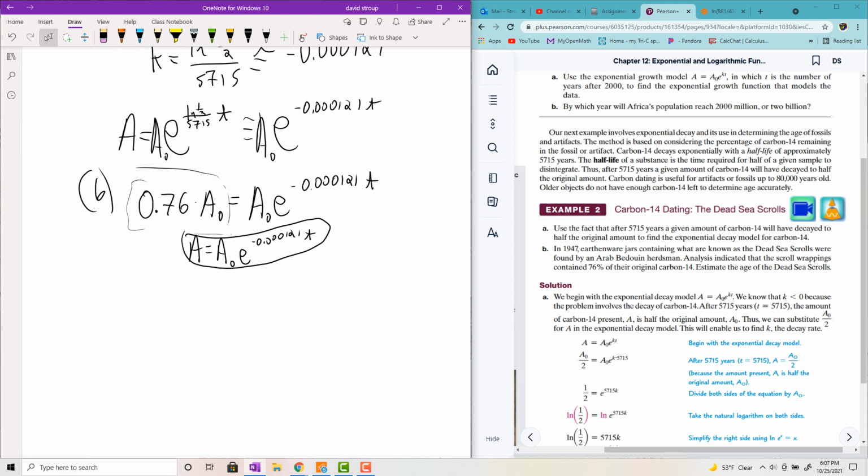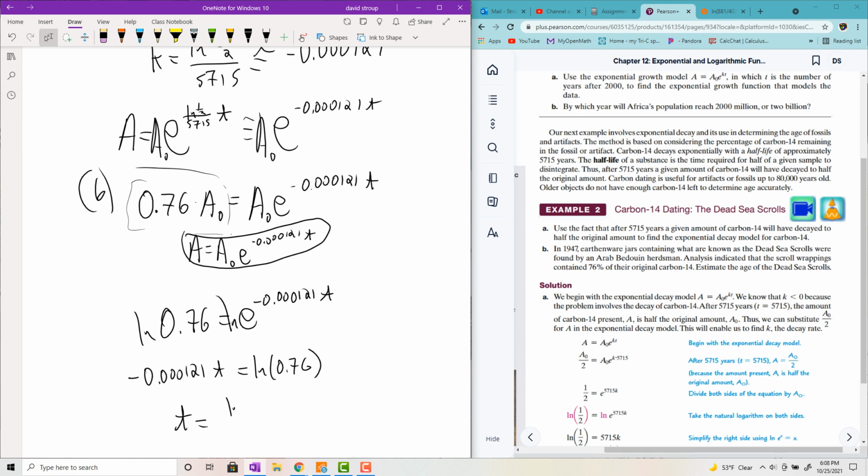First divide both sides by a sub 0. Get 0.76 equals e to the negative 0.000121t. Take the ln on both sides, so switching sides, negative 0.000121t equals the ln of 0.76. And then solve for t.